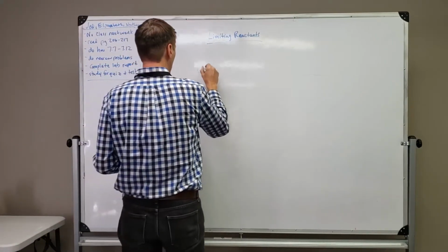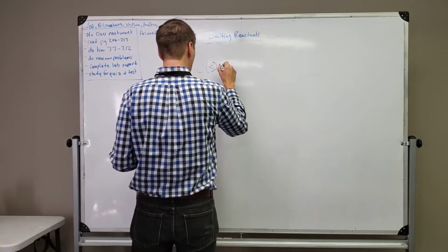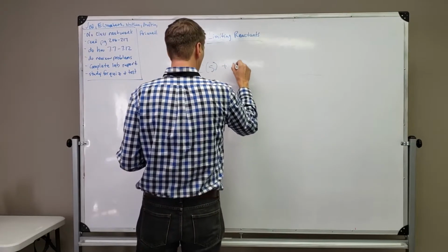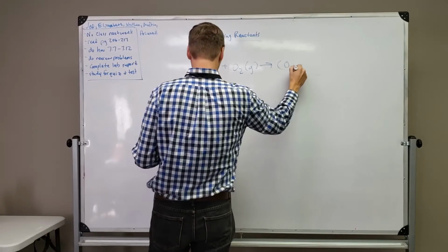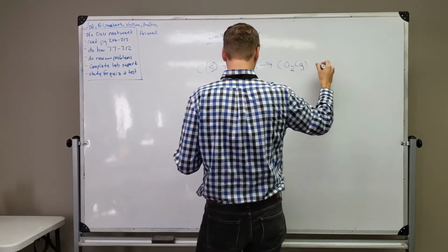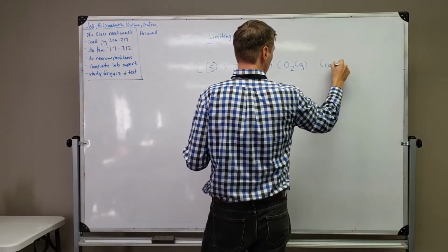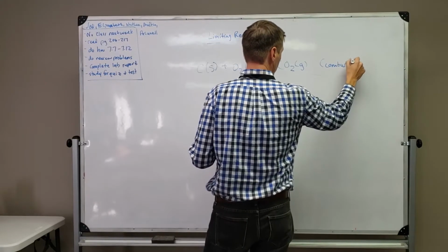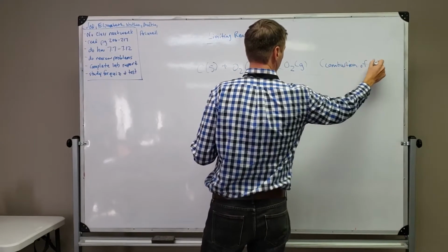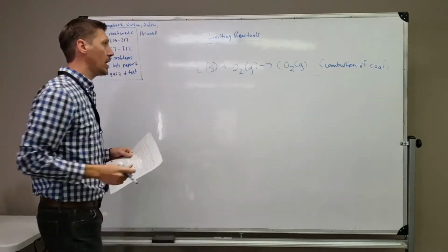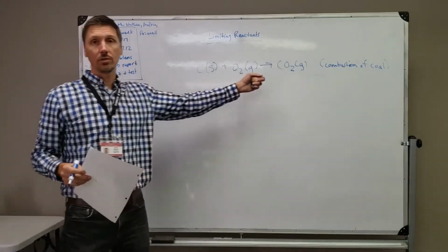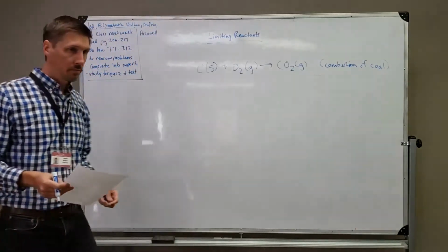And so just to make sure that you're clear on how limiting reactants work, let me write a simpler equation here. And this is a simple version of the combustion of coal. So we've got solid carbon here that combines with oxygen to produce CO2 gas, okay?